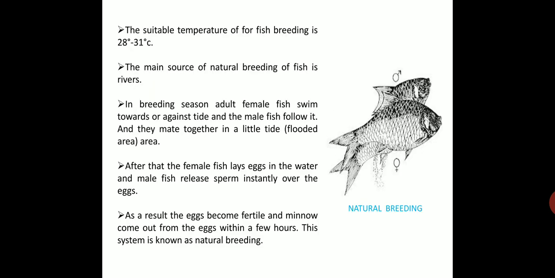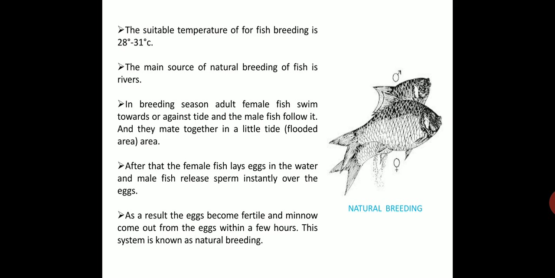The suitable temperature for fish breeding is about 28 to 31 degrees, and the main source is the rivers. In the breeding season, adult male fish swim towards or against the tide, and the female fish swim towards or against the tide, and the male fish follow her, and they mate together in a little tide or flooded area.